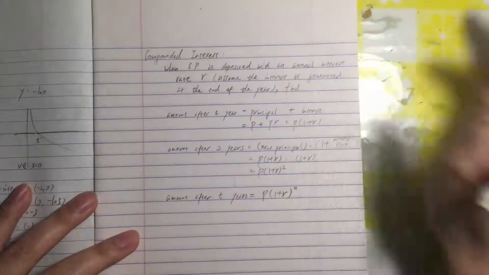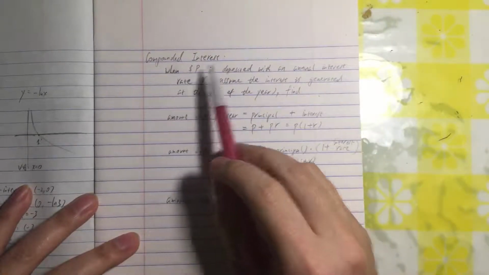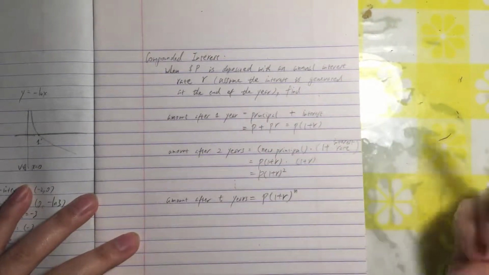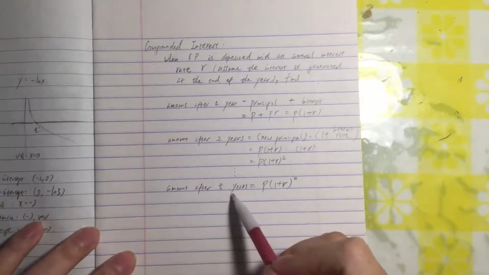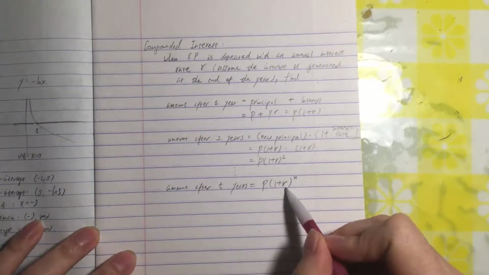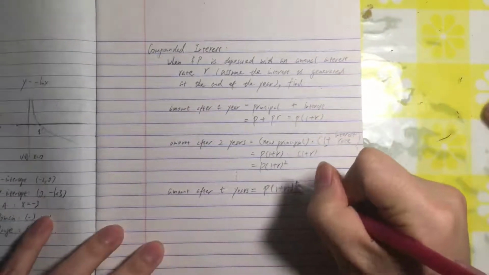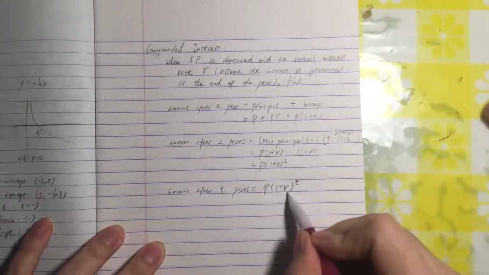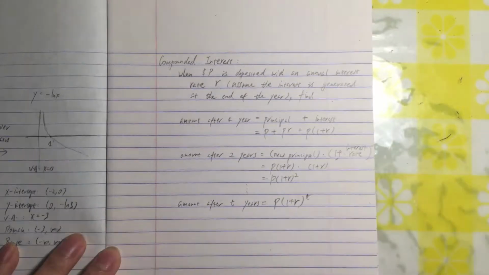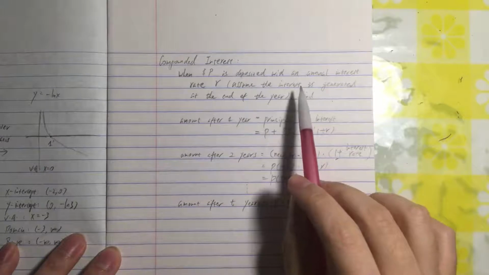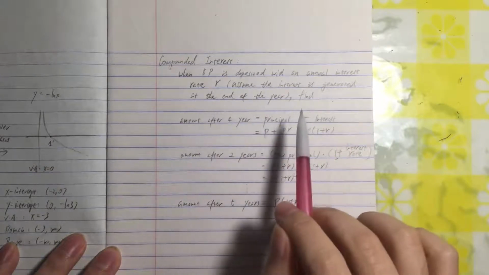So, if the principal $P is deposited with an annual interest rate of R, then the amount after t years will be P times 1 plus R to the power of t. Here, in the beginning of the problem, we assume the interest is generated at the end of each year.